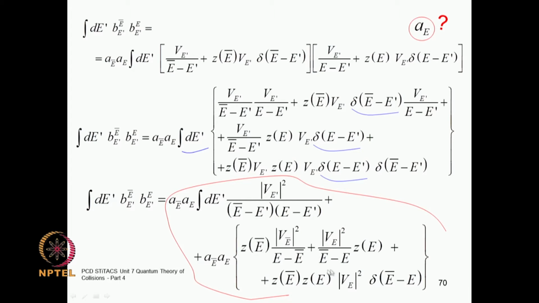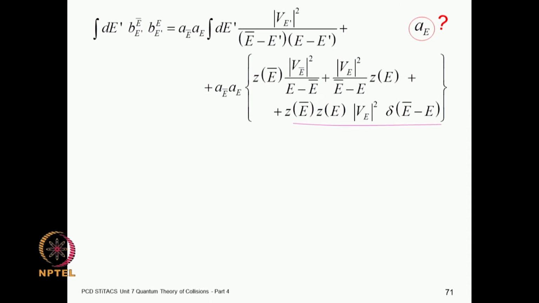Okay. So, those are the 3 terms which you are left with. But remember that in the last integral you have carried out integration over E prime. So, E prime must be equal to E bar. So, when you write this Dirac delta, E prime has been written as E bar. Okay. So, that is something that you have to keep track of.